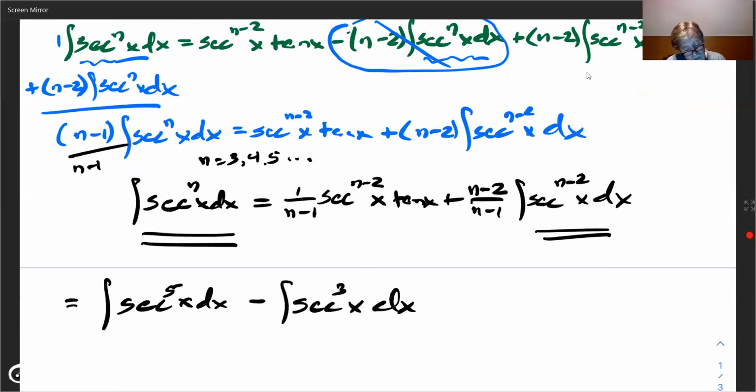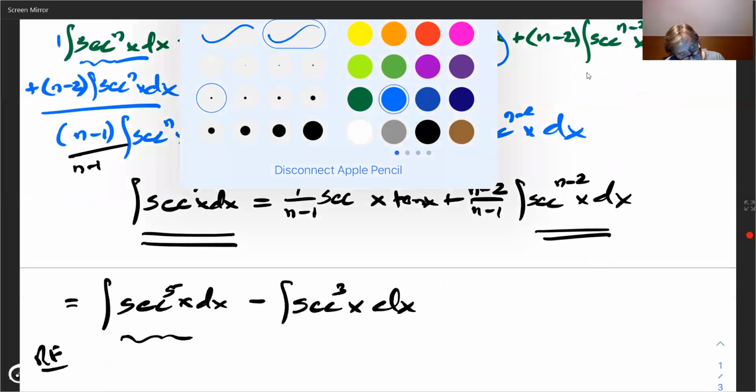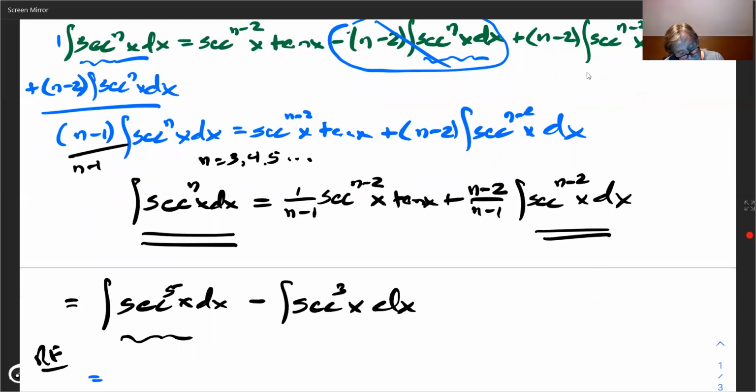All right, let's watch it in action. We're going to use the reduction formula on the first guy. The first thing you notice is n is equal to 5. So the formula says, and you'll find this in the table of integrals too, 1 over 5 minus 1, which is 4, secant^(5-2) x tan x.